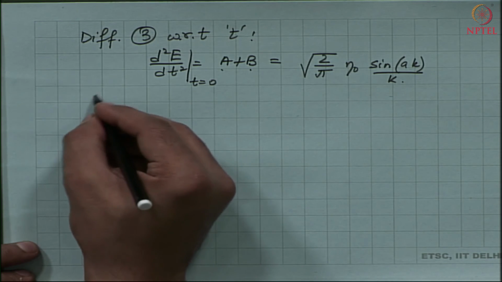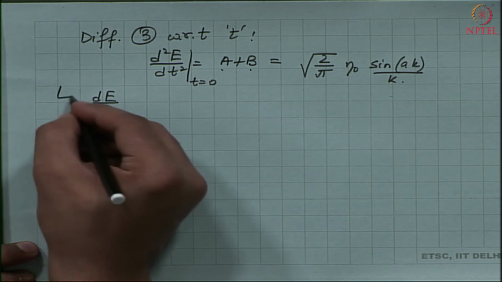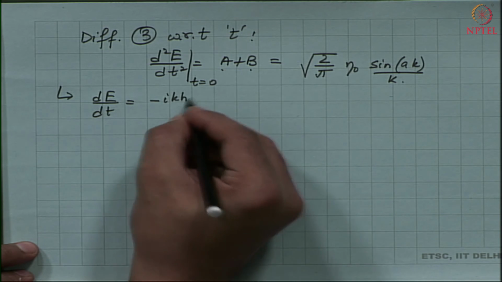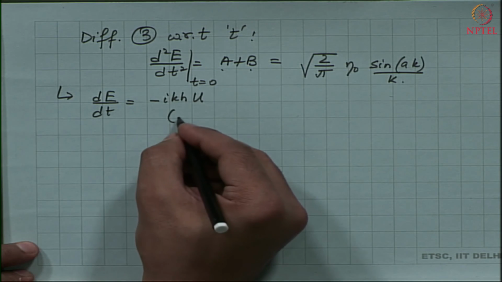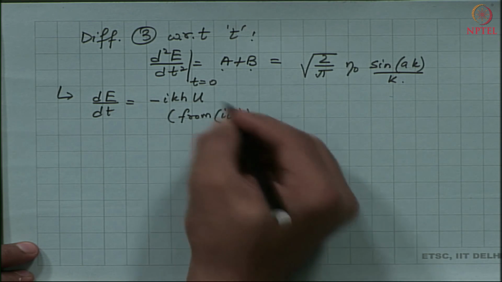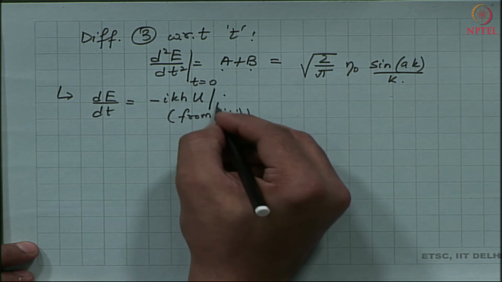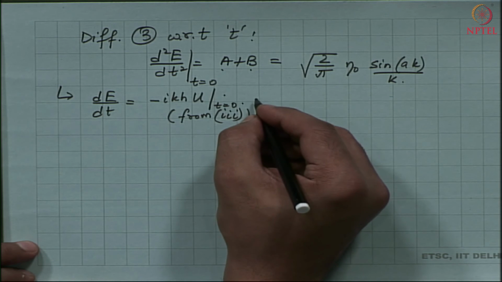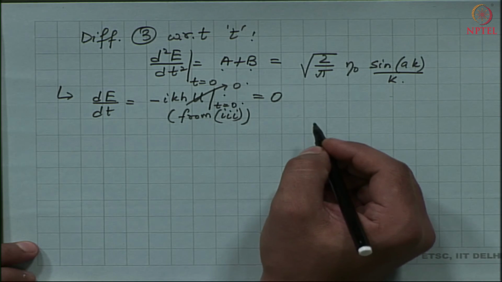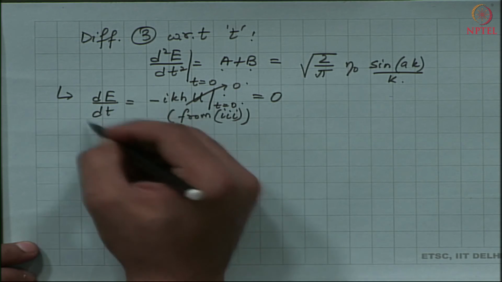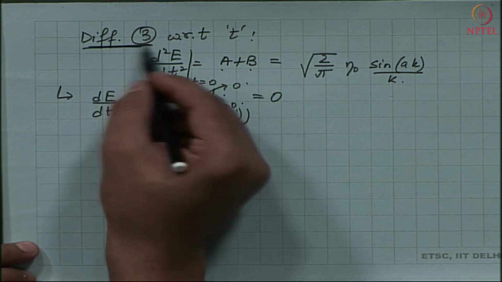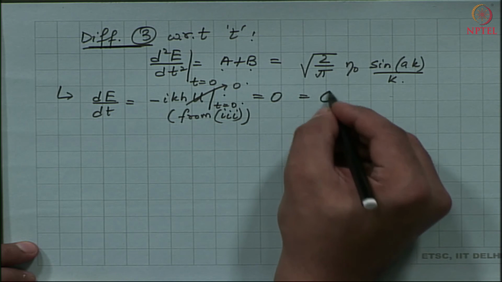Then another relation is that dE/dt, which is given to be negative ikhu, coming from our expression I, evaluated at t equal to 0, I get that this is equal to 0 because u is 0. And again finding dE/dt from my expression 3, I get that this is equal to c.